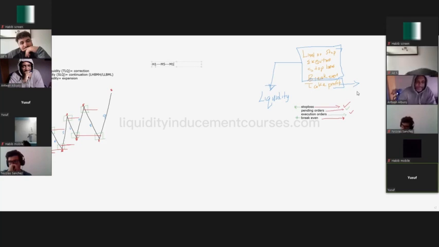You have to sometimes relate the H1 with the 15 minutes. That is, if the H1 isn't clear, you can use the 15 minutes to identify where you are in the market.